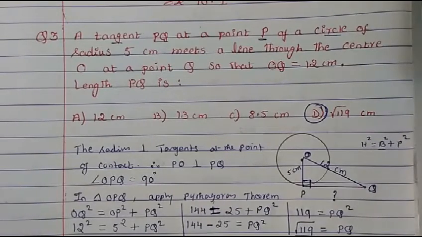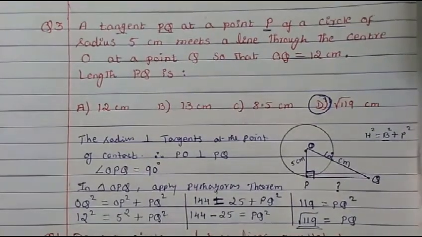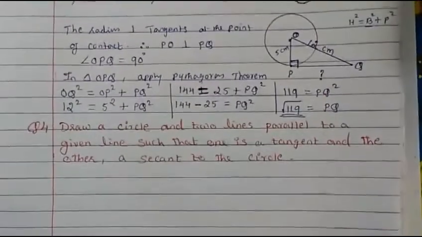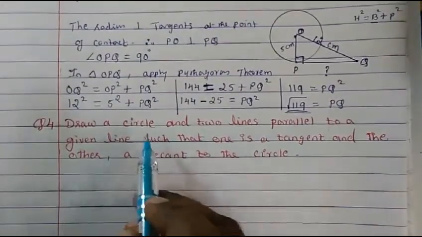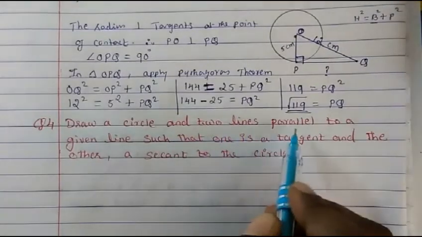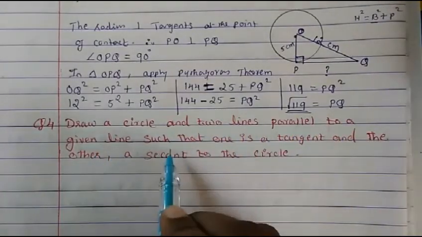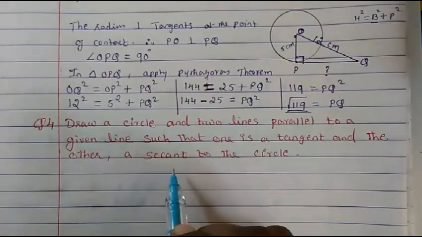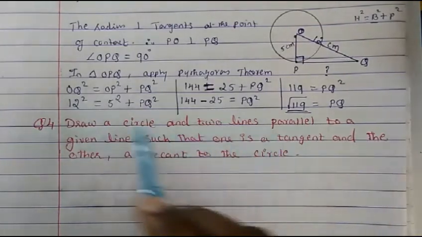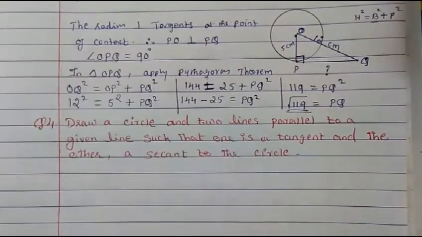Is it clear? Now let's see question 4. Question 4 is: draw a circle and two lines parallel to a given line such that one is a tangent and the other a secant to the circle. First let us draw a circle.